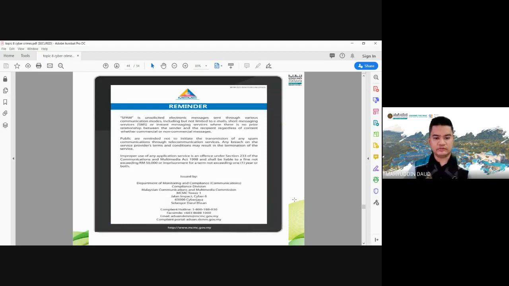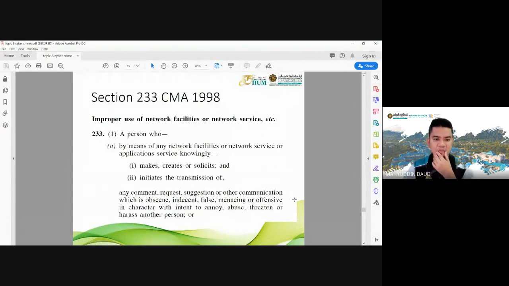We have yet to see cases coming under this section for identity theft or maybe scamming, mostly being done under the Penal Code. But if we read the provision of Section 233, scamming or phishing or identity theft can also mean improper use of network facility.